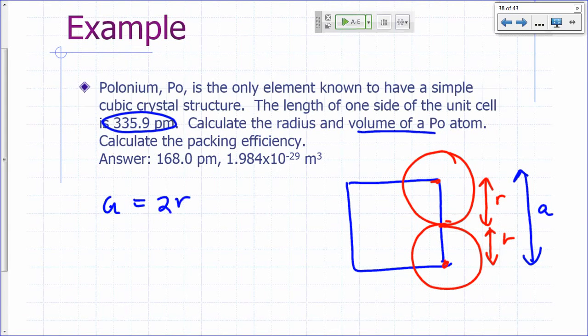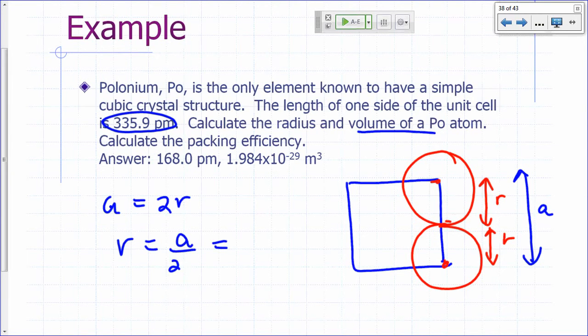So what's the radius of a polonium atom then? If you were to imagine that as the side, that's one way you can determine the size of atoms, based on crystal information. So what's the radius of your polonium atom? It's just going to be a over 2.